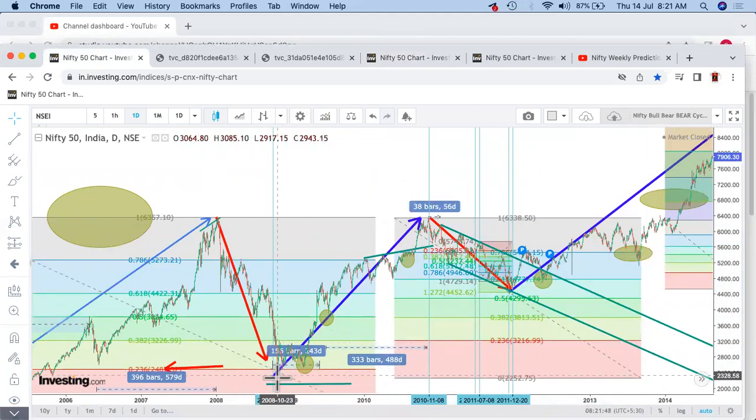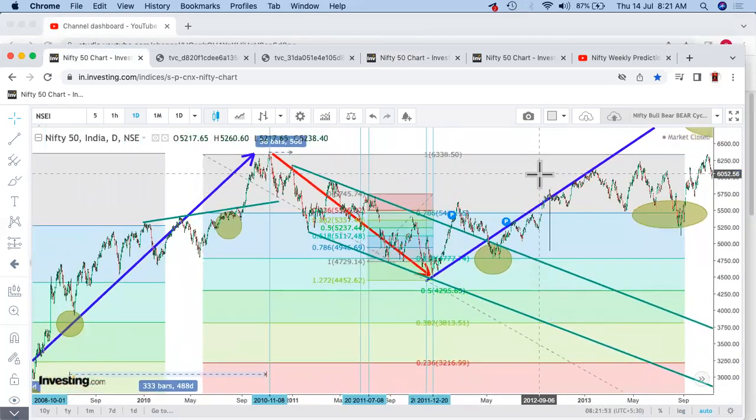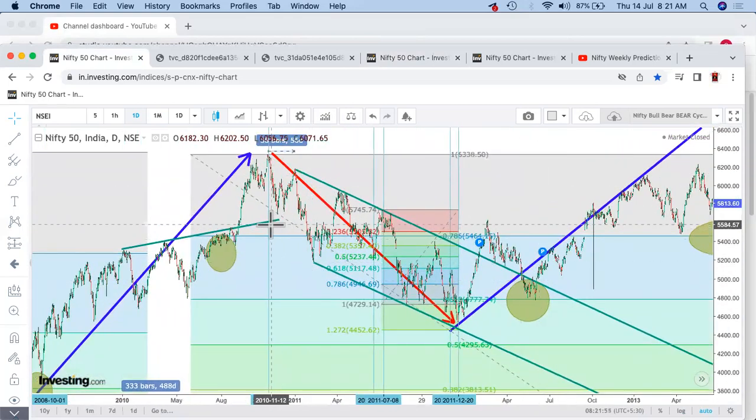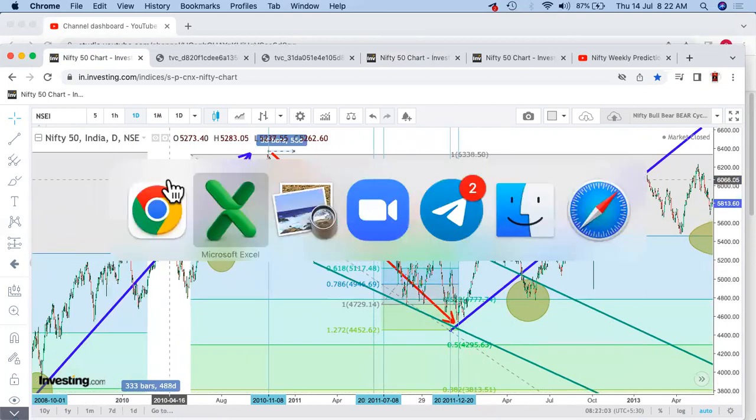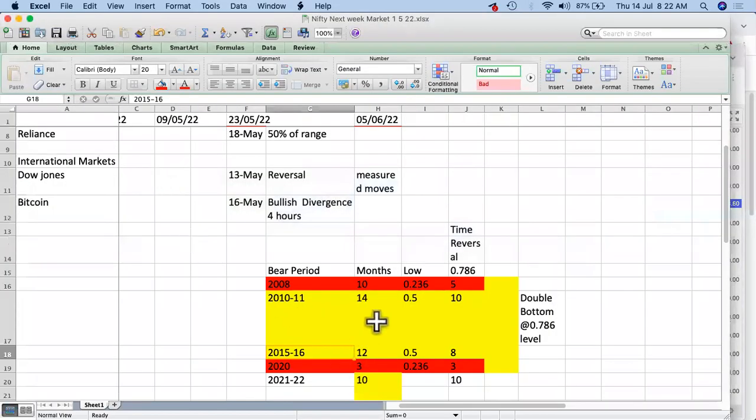So this was the low and this was the high, and after that we got a reversal. And these cycles are of 2010 to 2012, right? So some of the basic things that we have is this cycle was there for 14 months and it took almost 10 months only to get a reversal till the 0.76 level, right? So this was the basis that we have.